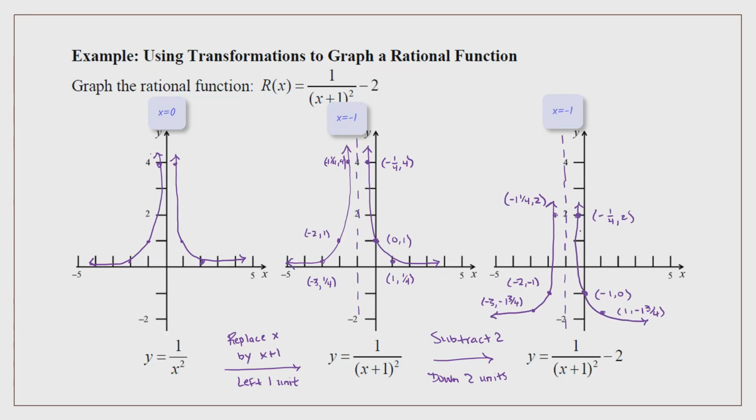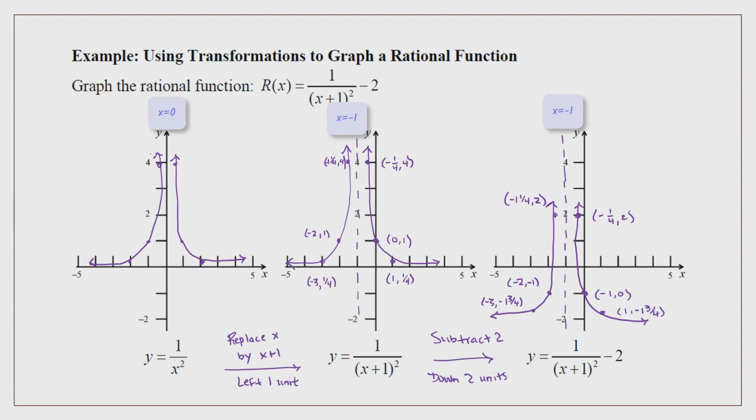Note that in our first two graphs here, as x is approaching negative infinity and positive infinity, y is approaching 0. So it does not cross y equals 0 or the x-axis.